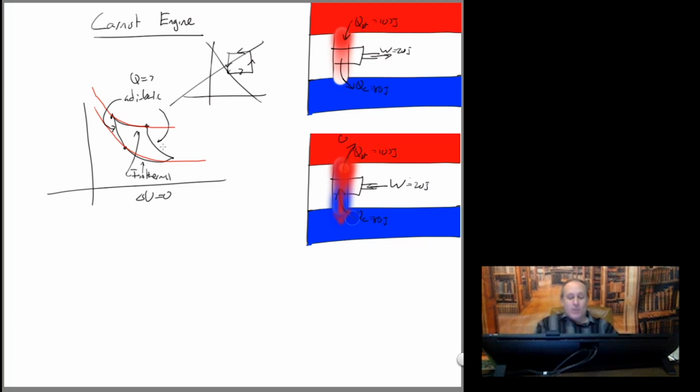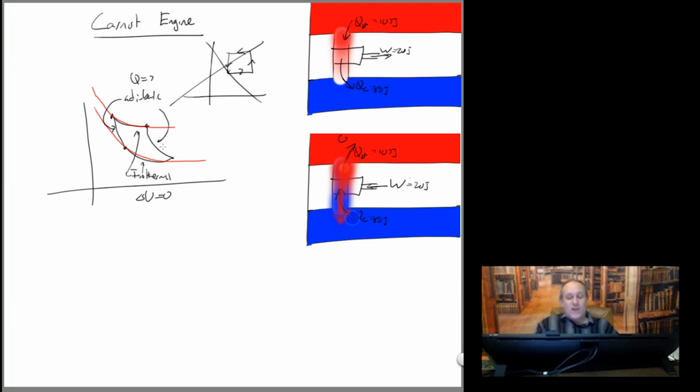The isothermal parts, well, remember how isothermal works. It works by making sure your engine is in an environment that's the same temperature as it. So the heat flows into or out of the machine, but maybe it's sitting in an ice water bath, and the temperature of your gas is 0 degrees C, and the temperature of the ice water bath is 0 degrees C, and heat flows into or out of the gas to make sure it stays at 0 degrees C.